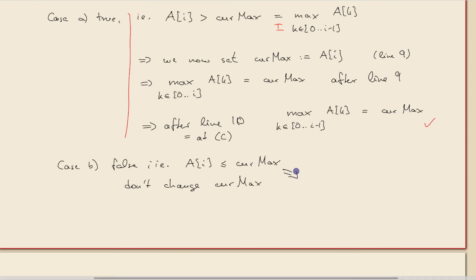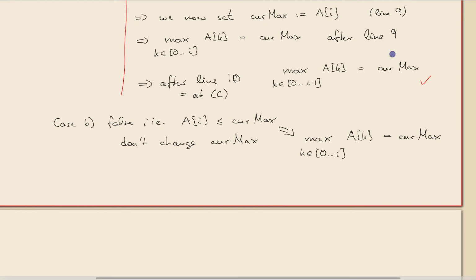So from this statement, we know if we take our maximum and go from 0 up to including I, then that is still the value of current maximum. We haven't changed it. It's fine if we have this tie, if the next element is another occurrence of the maximum. So it's fine, we can still pick the first one.